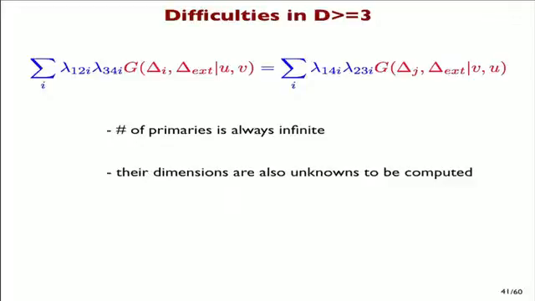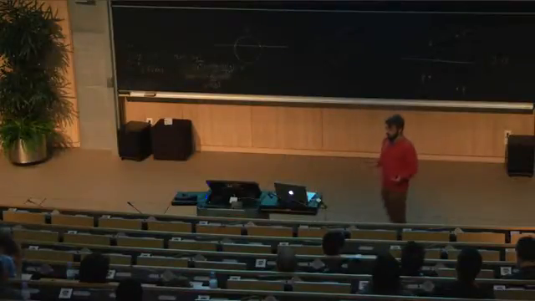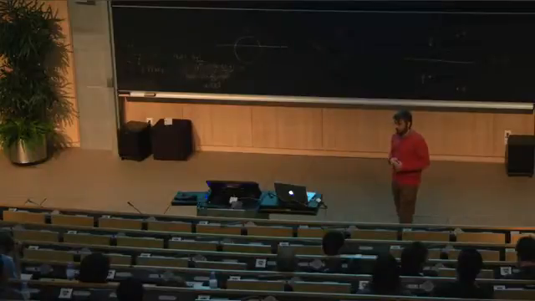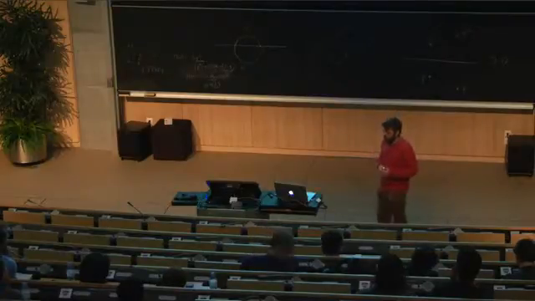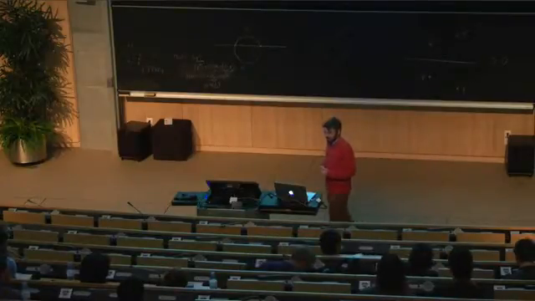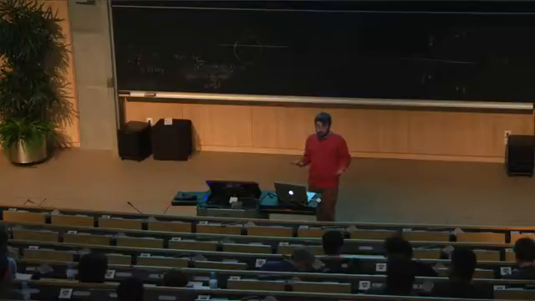So the difficulties in 3 dimensions: there are 2 difficulties. First of all, the number of primaries is always infinite, so you're not doing linear algebra; you're doing linear algebra in an infinite dimensional space, where, of course, it's much less clear how to do it. And the second thing is that the dimensions of the primaries are also unknown.